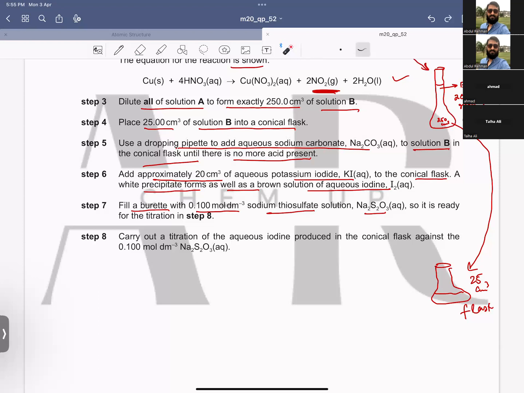Sir, we still can't hear you. After that, we put sodium carbonate into this conical flask to make sure that all the acid is reacted.